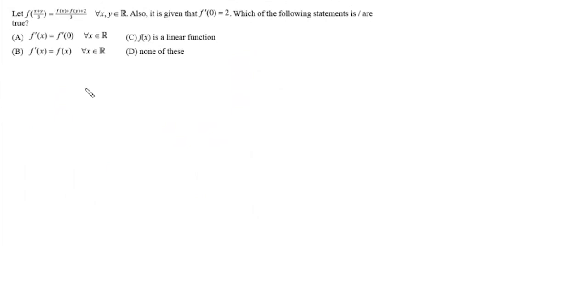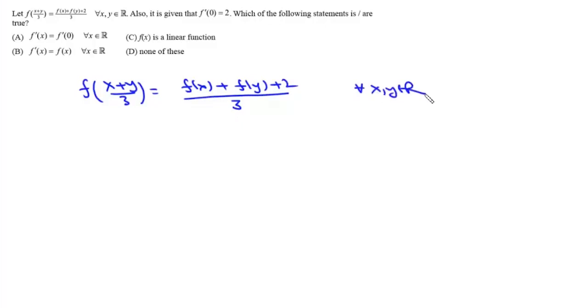Now here the question is, we are given that f of x plus y by 3 is equal to fx plus fy plus 2 whole divided by 3 for all x, y belongs to R, and it is given that f dash 0 is equal to 2, then which of the following statements is or are true?